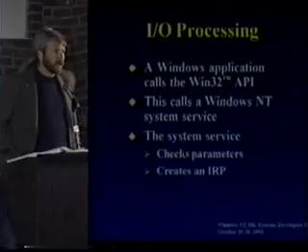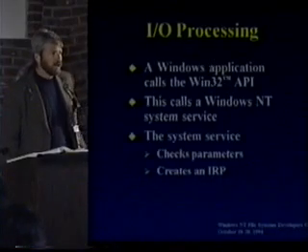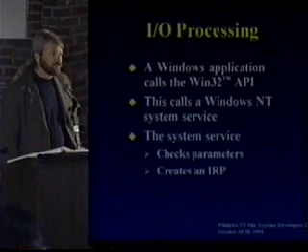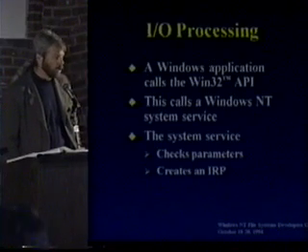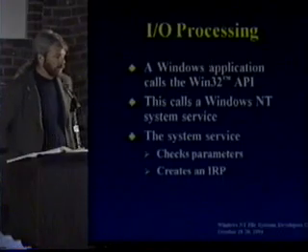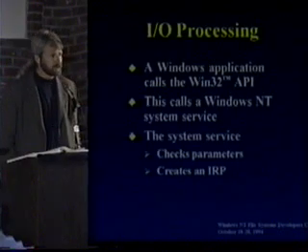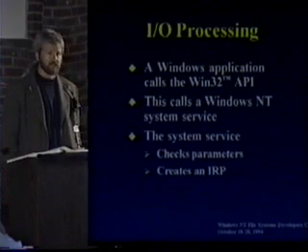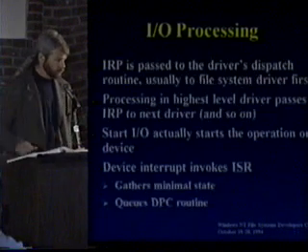Okay, so what happens when we pass an IO request? How does IO request processing actually happen? Well, let's take the case of a Windows application. A Windows application calls the Win32 API, which then calls the Windows NT system service, and the system service checks parameters, checks to make sure that you can perform that particular operation on that particular device, and then generates an IO request packet.